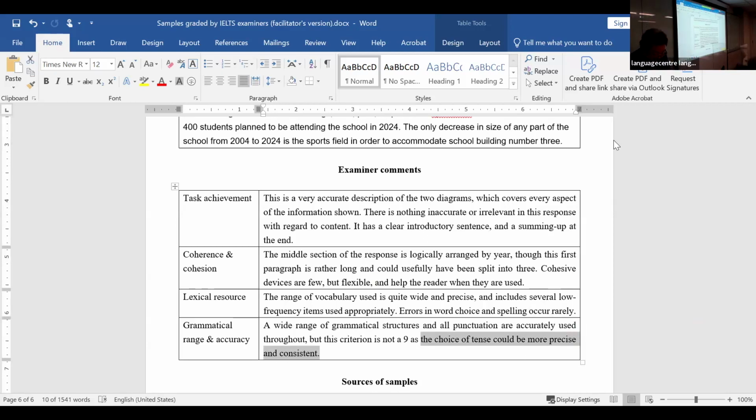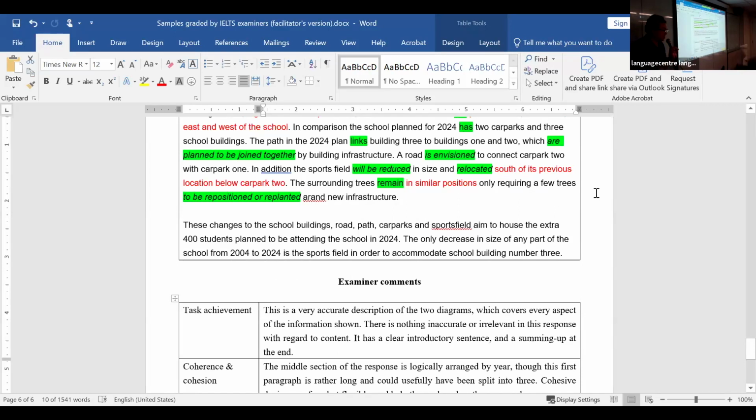What does it mean? This is actually a criticism from the examiner.